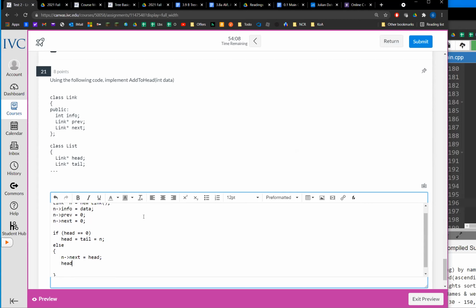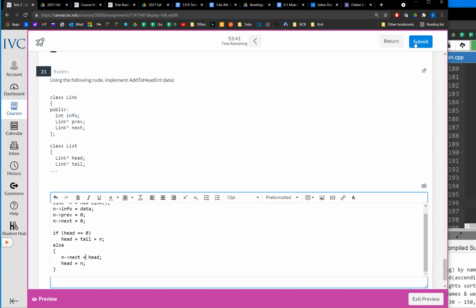And then the head equals n, and that should be good. Let's see. Now we need to do a previous. Do we need a previous? No, because we're adding in front of the head. Head next. No, we need to do a previous. Where's my previous? And let's see here.